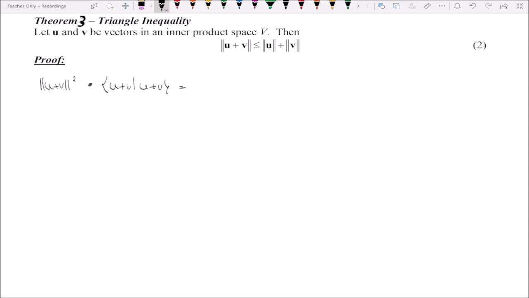Right? What we're going to get is the inner product of u plus v with u plus the inner product of u plus v with v, which will give us the inner product of u with u plus the inner product of v with u plus the inner product of u with v plus the inner product of v with v.